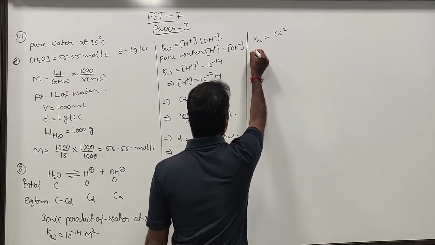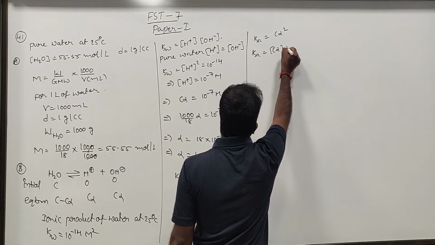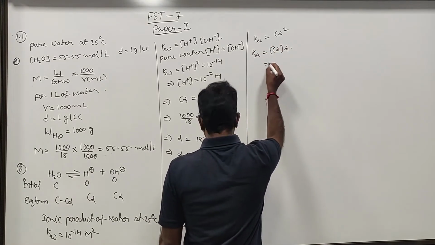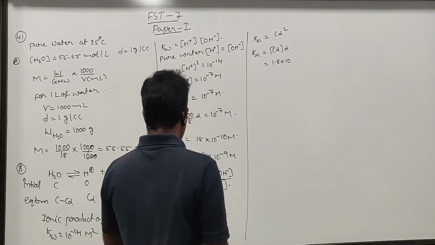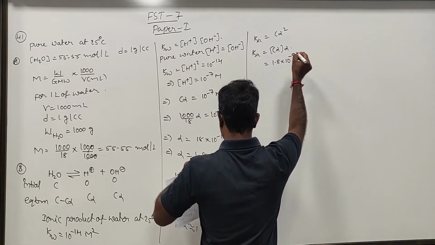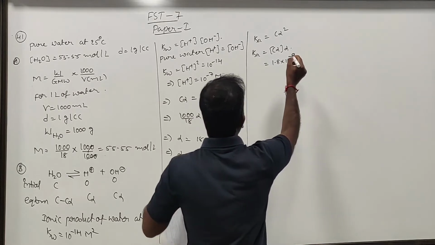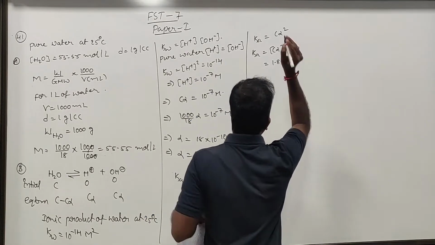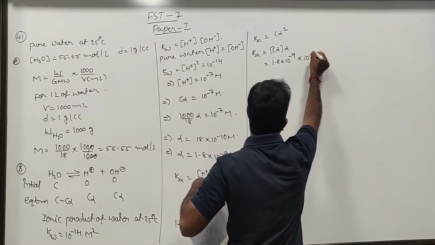As we know that Ka is equal to C alpha into alpha, we can write alpha is 1.8 into 10 power minus 9, whereas C alpha is equal to concentration of H plus, 10 power minus 7.